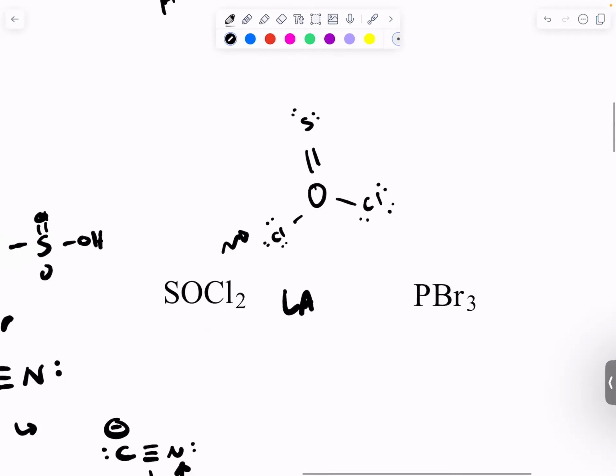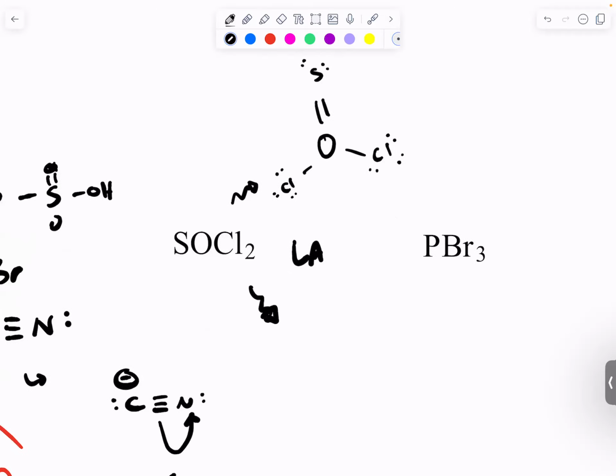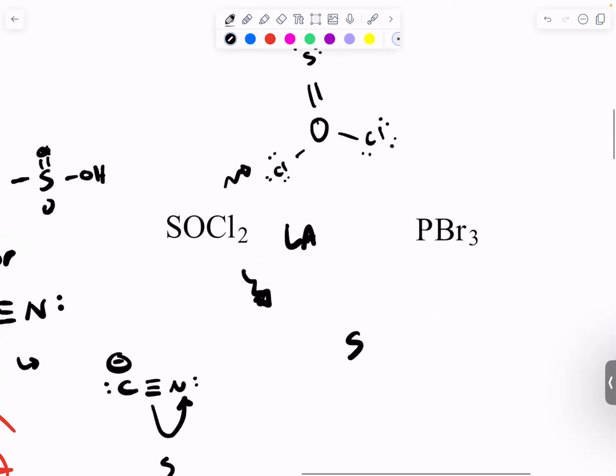Okay, good. So in SOCl2, the sulfur is going to go in the middle. It's going to look like this. The reason why I bring this one up is that if I were to list 3 to 5, your SOCl2, PBr3, KCN, methanol, ethanol, and H2SO4, those are very common reagents you're going to see throughout your SN2, E2, SN1, E1, and also alcohols and ether reactions.